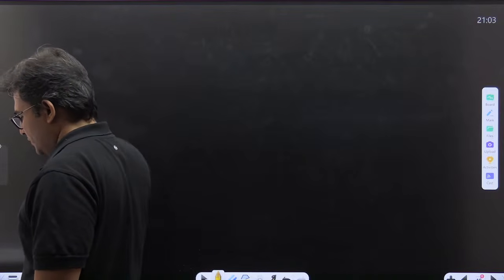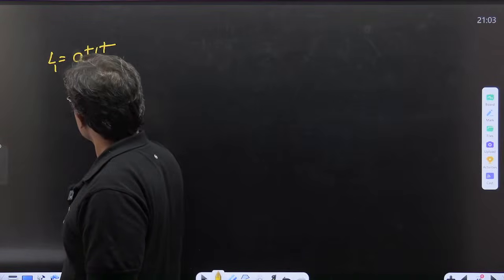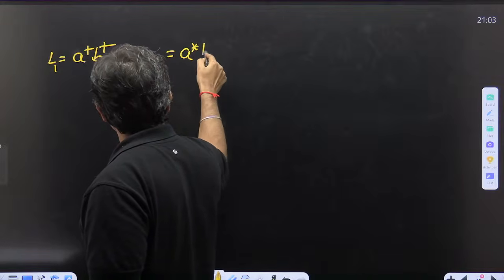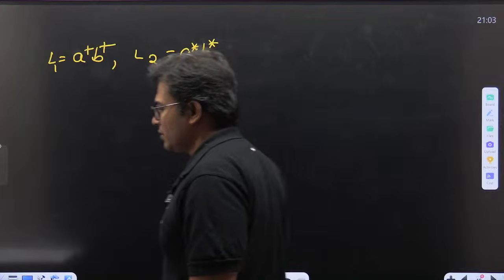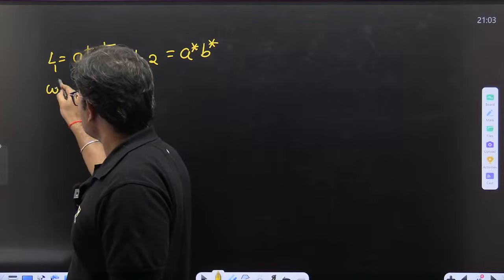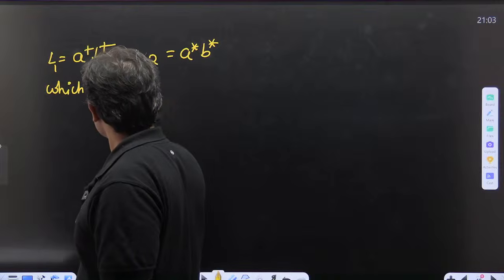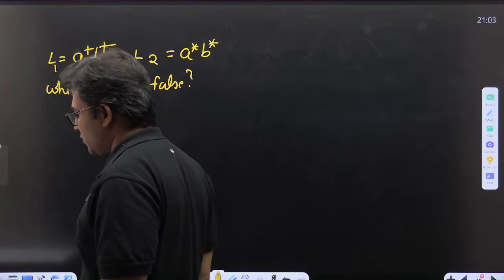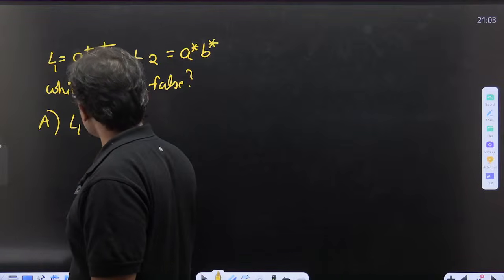Now answer this. L1 equal to A plus B plus and L2 equal to A star B star. A plus B plus and A star B star. Which one is false? So which of these statements are false? Okay. A, L1 is a proper subset of L2.